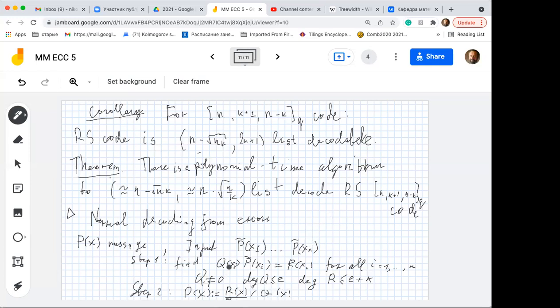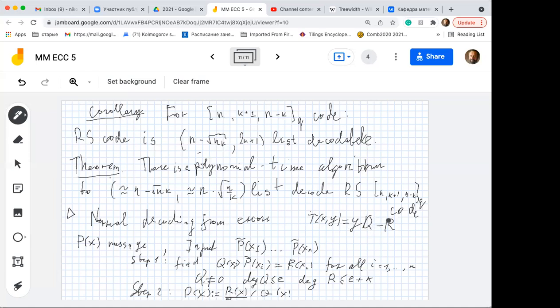Now we will generalize these two steps in the following way. First of all, we will understand what it means. We will sort of glue Q and R into one polynomial. So we can consider the following polynomial of two variables, y and x, which is equal to y times q minus r.